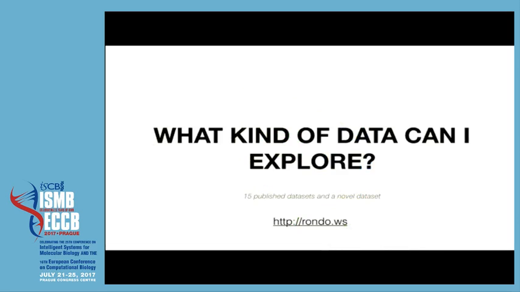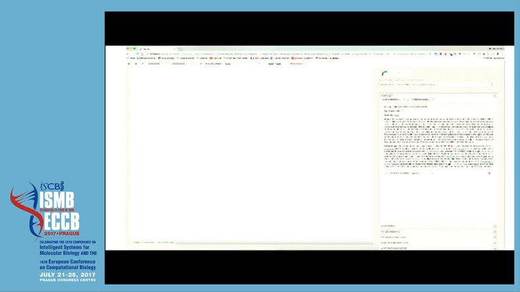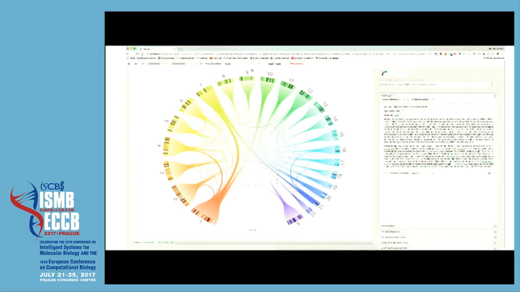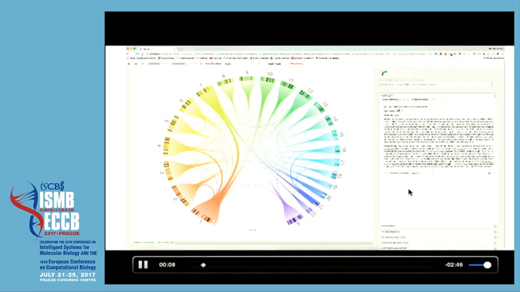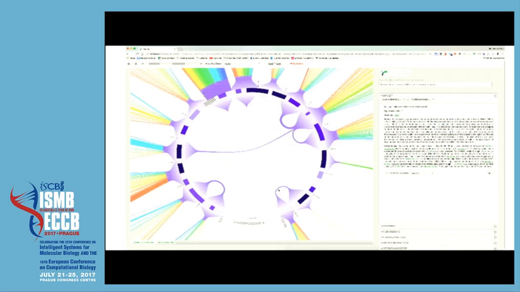So what kind of data can you explore? At the moment, we have 15 published datasets and a novel dataset, and you can go on rondo.ws. It's online, it's a web tool, and as you can see, we have some information about the dataset itself, and upon hover, the quality is really bad, you have other information about the number of connections and the quality of these connections.